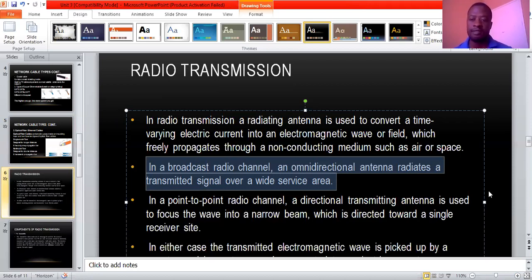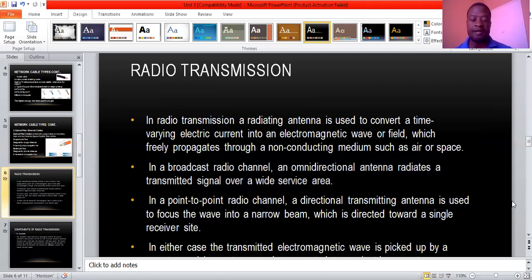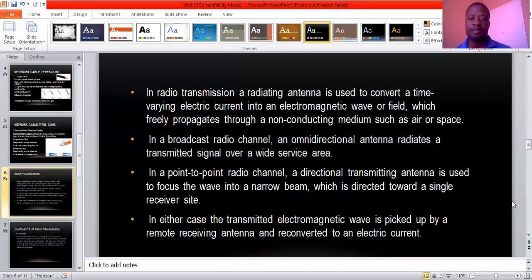If you are far, then you won't receive a proper signal. You have to be closer to the radiating or transmitting antenna for you to receive the signal.